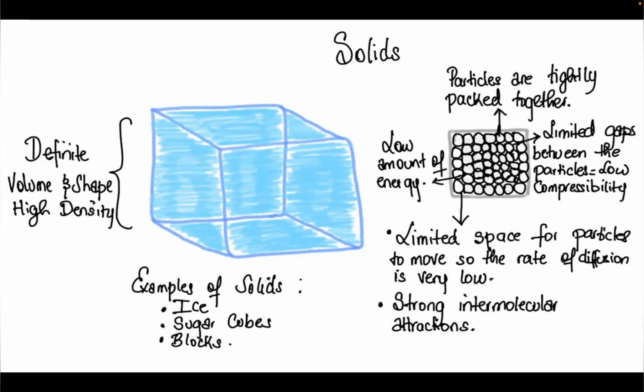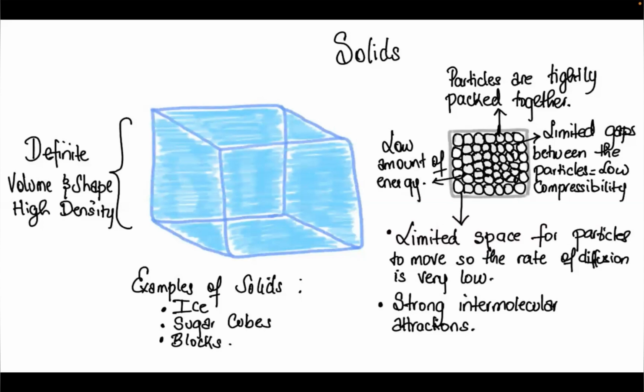Should there be any diffusion occurring, the space is minimal for them to move. Importantly, because the particles are so packed together, they have stronger intermolecular attraction, right? So in order to convert solids to another state, it would require a greater amount of energy.